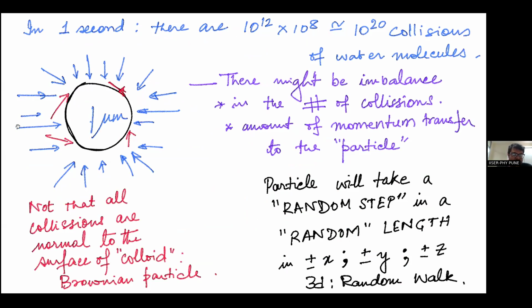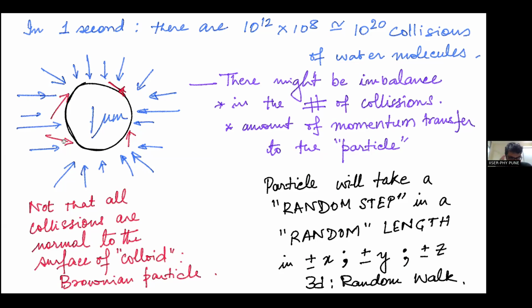Here is a schematic: a large number of water molecules hitting from this direction, this direction, and this direction. After drawing this, I realized that all the arrows look as if they are hitting the spherical surface normal to the surface. That need not be true.